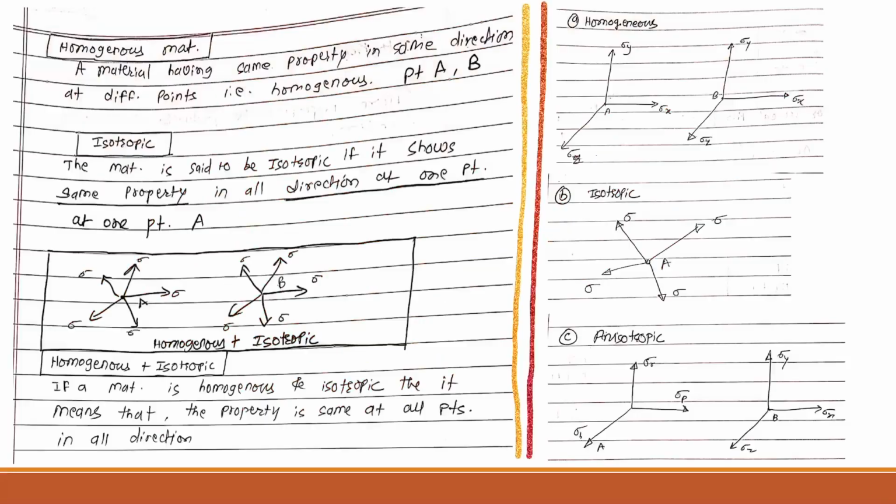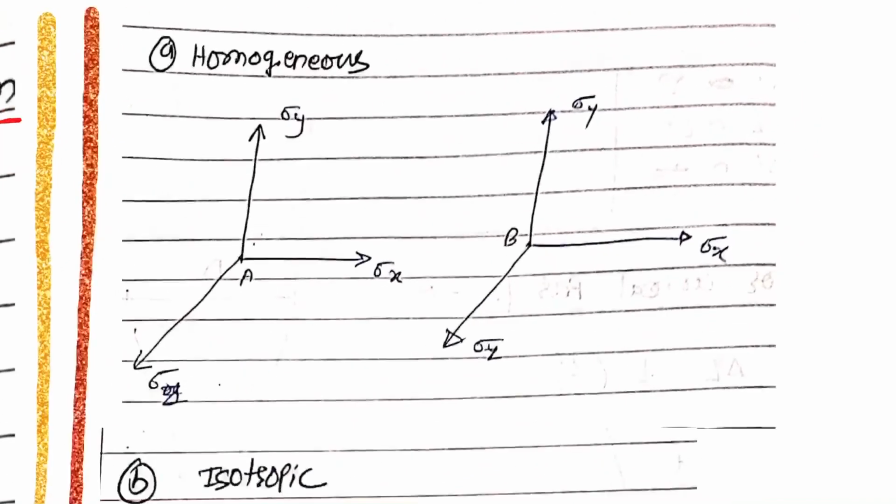So guys, the explanation is here. The homogeneous material is a material having the same property in the same direction at different points. Here you can see the homogeneous material, as earlier I was explaining about point A and point B. So in x direction, sigma x property in both points, in y direction, sigma y property in both points. So this is how a homogeneous material is.